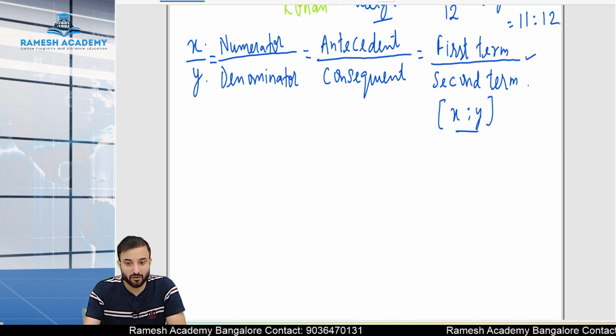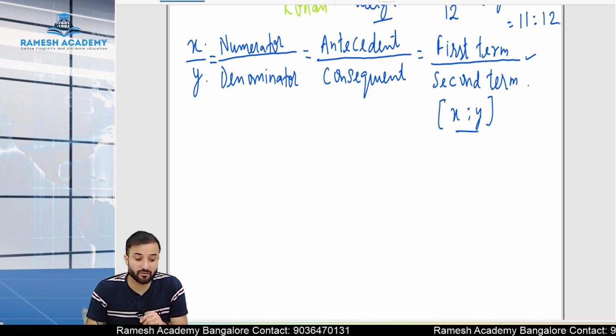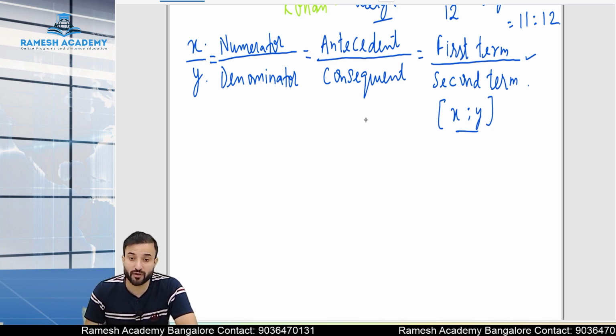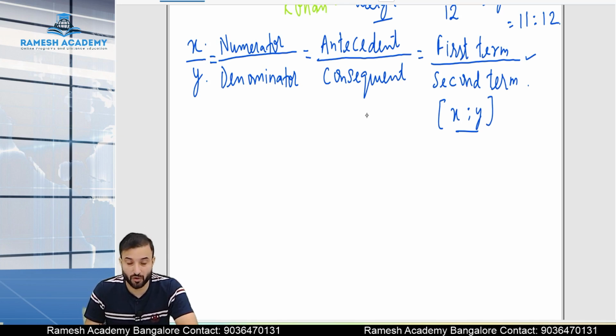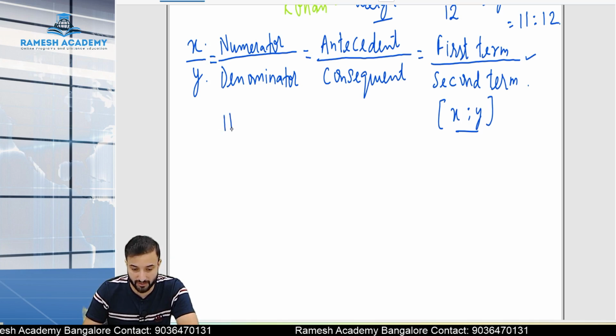Now next, very important, guys, is the order of the ratio. Order of the ratio is very important, because suppose you are writing 11 by 12.